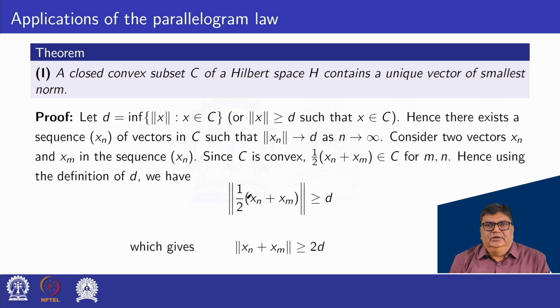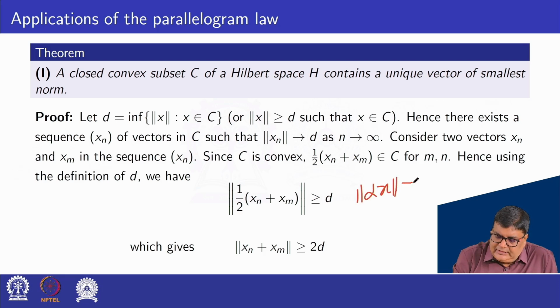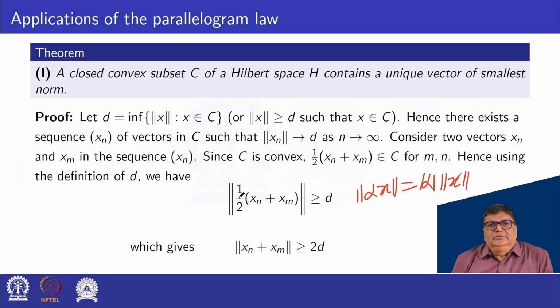Because we know that norm of alpha x equals mod alpha times norm x. So here alpha is equal to 1 by 2, which is already positive. So this is 1 upon 2 into norm (x_n plus x_m) greater or equal to d. That is, we can write norm of (x_n plus x_m) greater or equal to 2d.